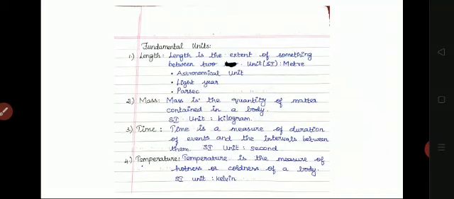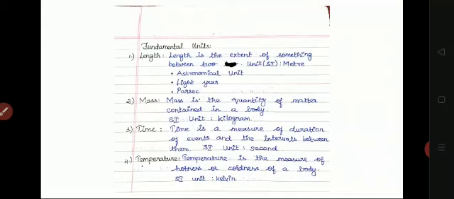An astronomical unit is the distance from the center of the sun to the center of the earth. A light year is the distance travelled by light in 1 year in vacuum, and the parsec is used to measure astronomical objects outside the solar system.